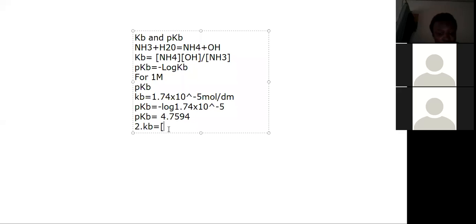Because we are looking for the OH, we can say OH raised to the power 2 divided by the concentration of NH3, which we are given to be 1 molar. So all over 1. And we are given the value of Kb. So we multiply the 1 by the Kb, then we find the root of it.